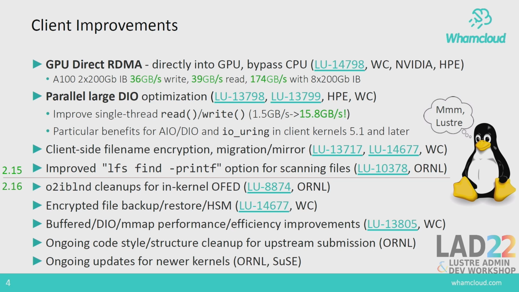So that needs some cleanup. Encrypted file backup and restore, Sebastian's already talked about. Buffered I/O performance was in flight. And just general cleanups in the client code. One day we hope it will again be submitted into the upstream kernel.